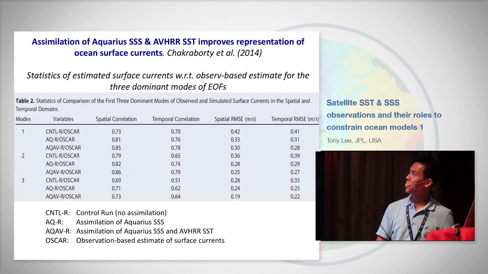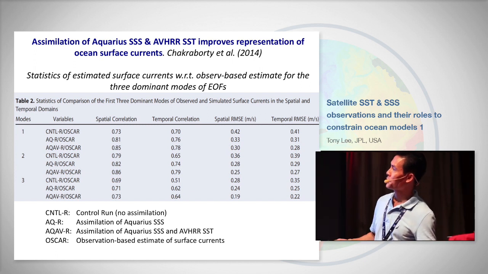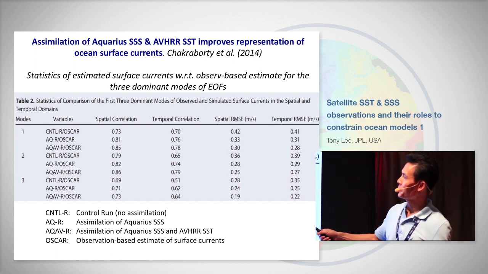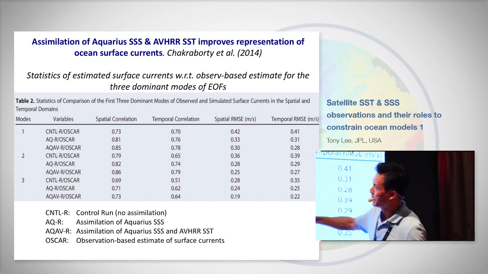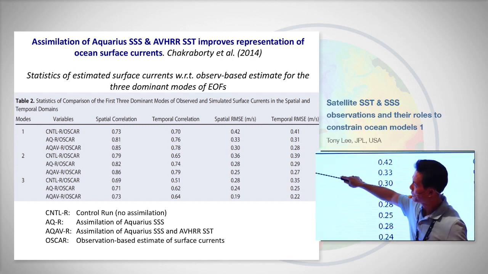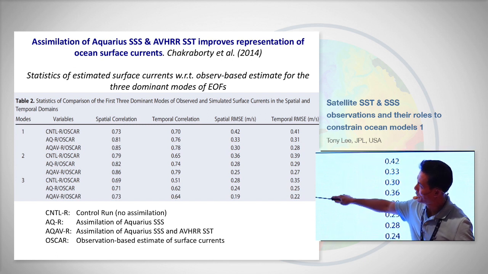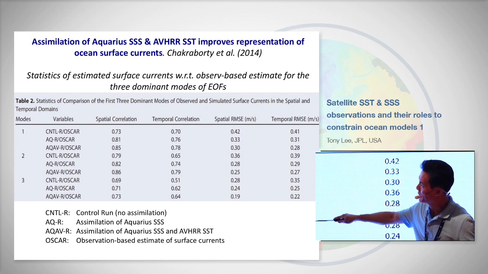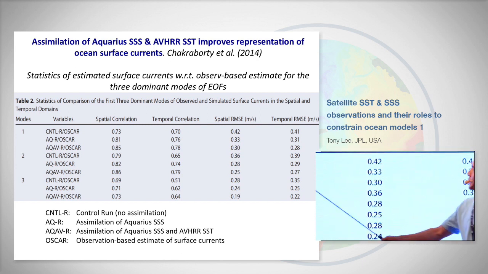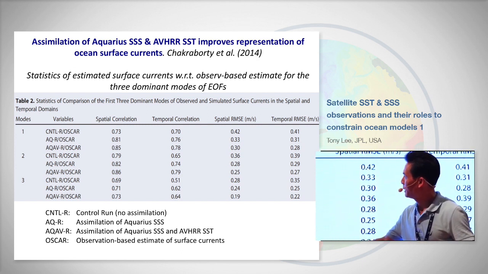And they also have a more quantitative description of the impact. And again, here are the 3 runs, the control run without assimilation, and then the Aquarius assimilation, and then the combined Aquarius and SST data assimilation using 4 different criteria.